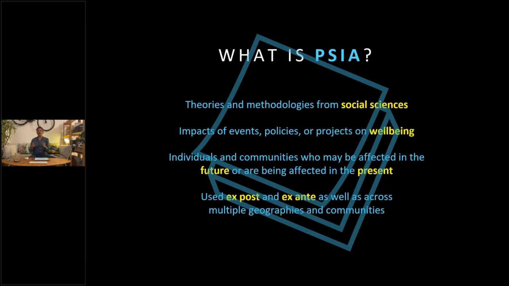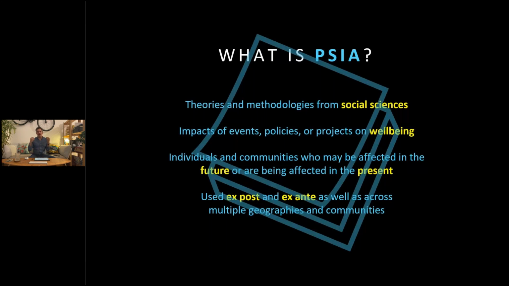So we call this exposed impacts, but also just the perceptions associated with the project. They are crucial and fundamental to understanding the impacts of the project, and psychosocial impact assessment is particularly well suited to look at this.